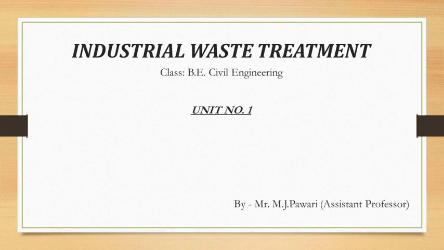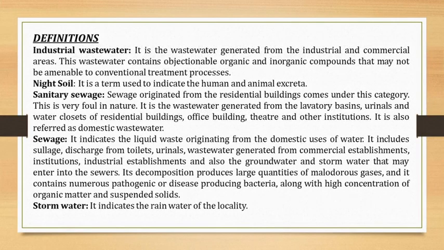Okay, so the first term is industrial wastewater. Okay, as its name indicates, industrial wastewater is nothing but wastewater we generate from the different industries, or from the industrial areas. Okay. So due to the operation or processes of industries, maybe manufacturing process and production process, these industries produce different types of wastewater, and this wastewater is called industrial wastewater.